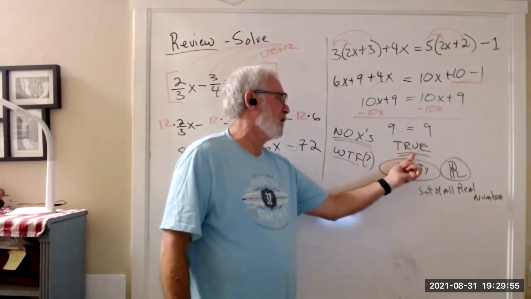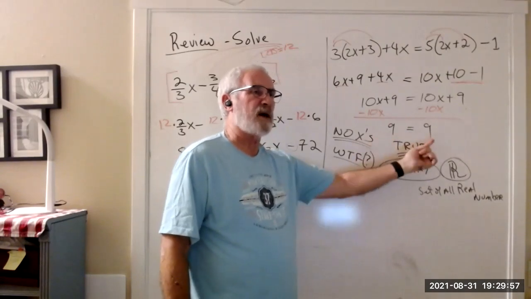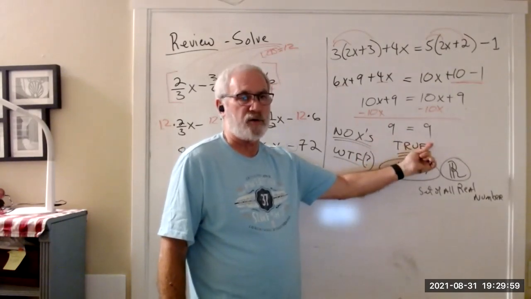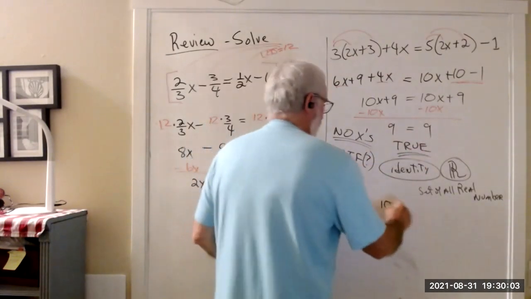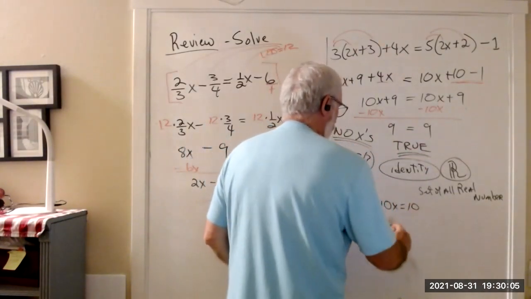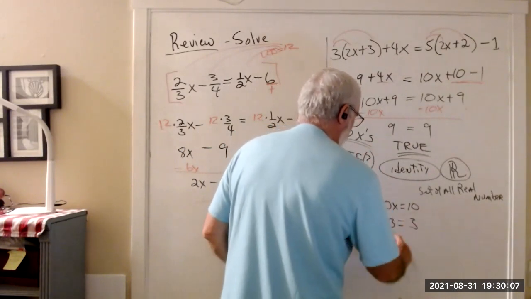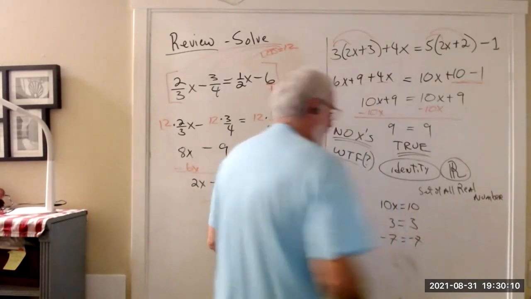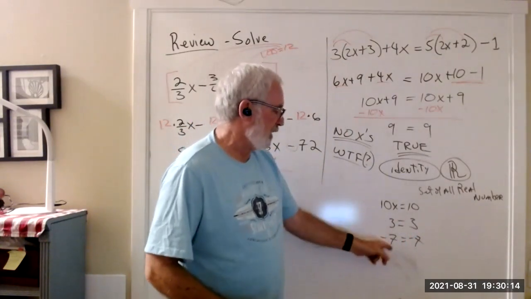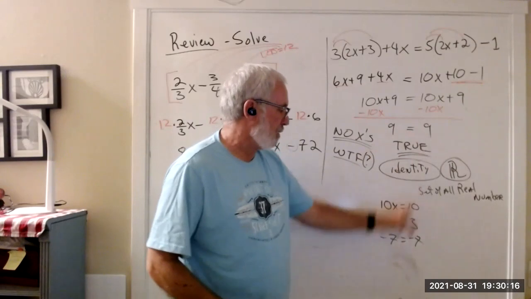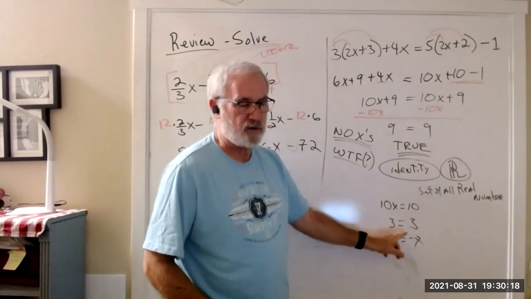The key to this is the fact that the left side and the right side were identical to each other. It doesn't matter whether it's 10x equals 10x or 3 equals 3 or -7 equals -7. What matters is that the left and the right side of the problem became identical to each other.